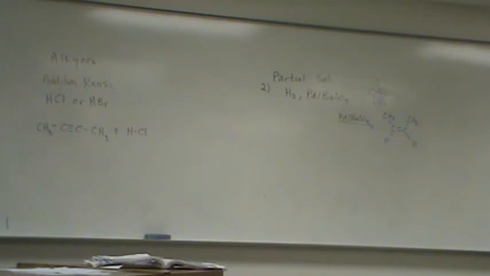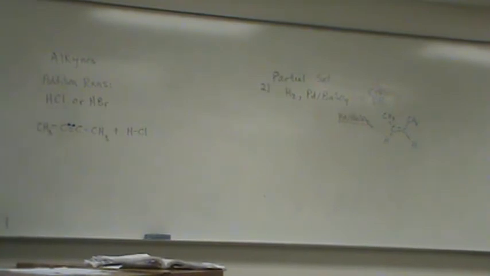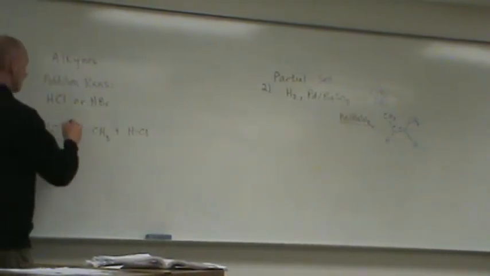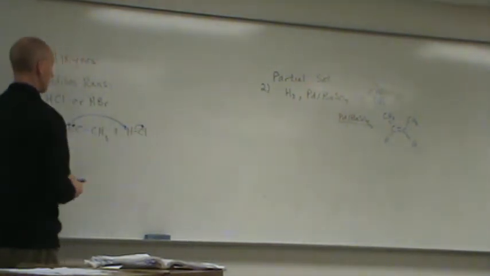So remember when I said you had a double bond, those pi electrons, I told you to draw in with a gigantic lone pair. We'll do the same thing with a triple bond. So this lone pair can attack the hydrogen.